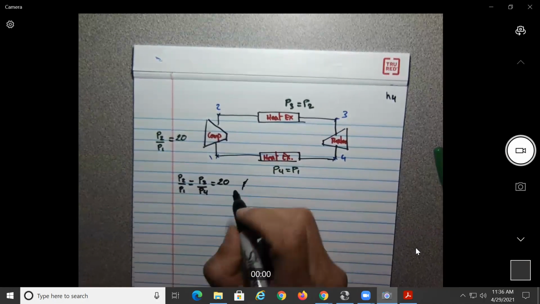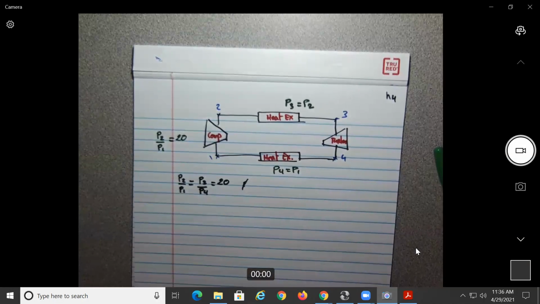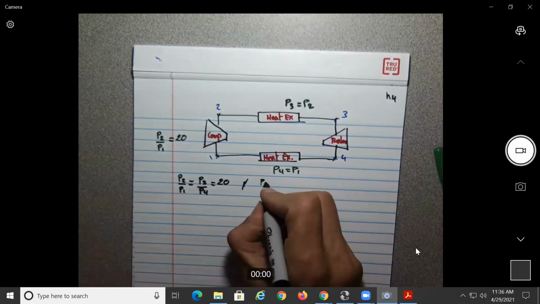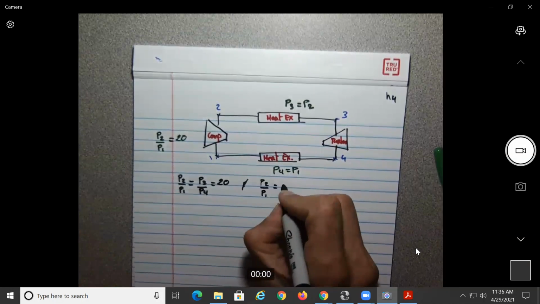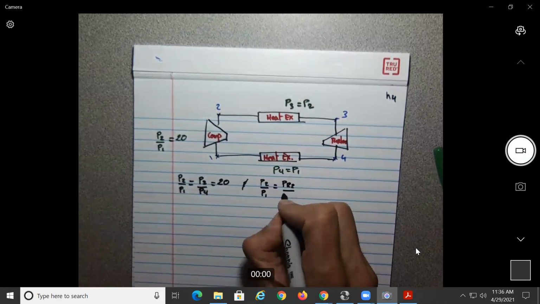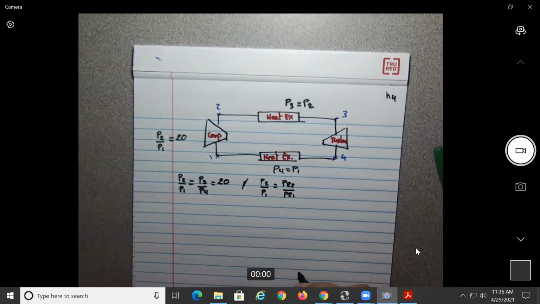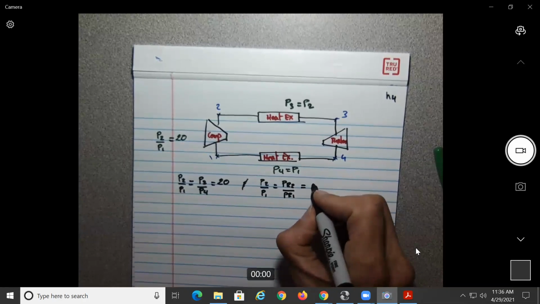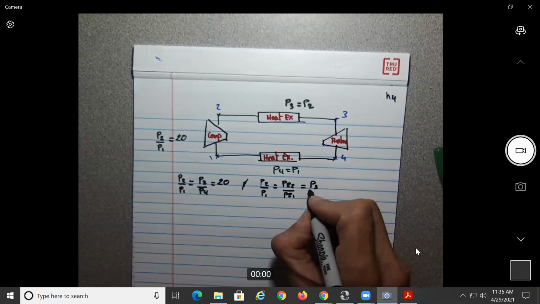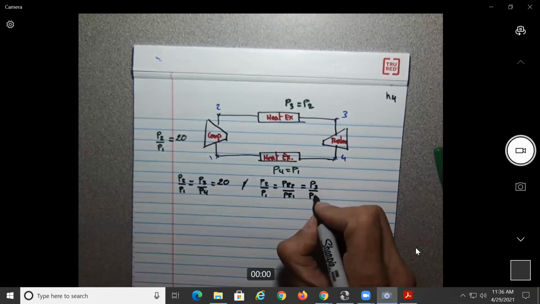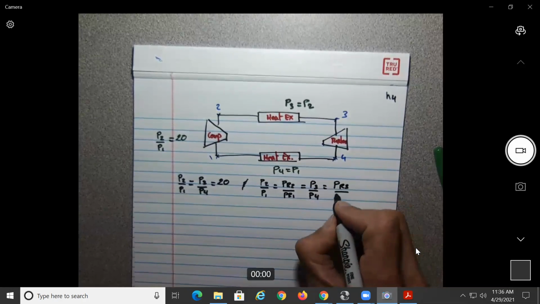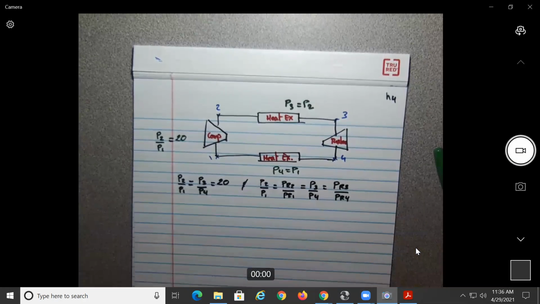And what is the isentropic relation that we used earlier? So we had the relation, remember, P2 over P1 we used was equal to PR2 over PR1. So over here we could say this is also equal to P3 over P4 equal to PR3 over PR4.